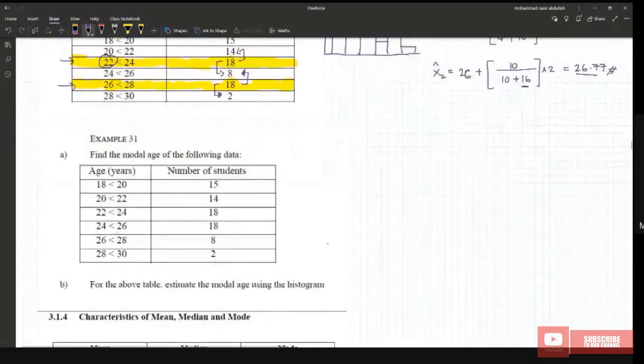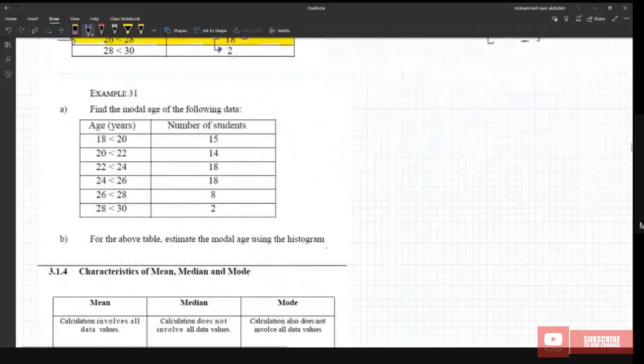Now, we look at example number 31. Before we start, we look at the frequency table. We have a class size, right? And then we try to draw a brief histogram, to look at how many modes we have.